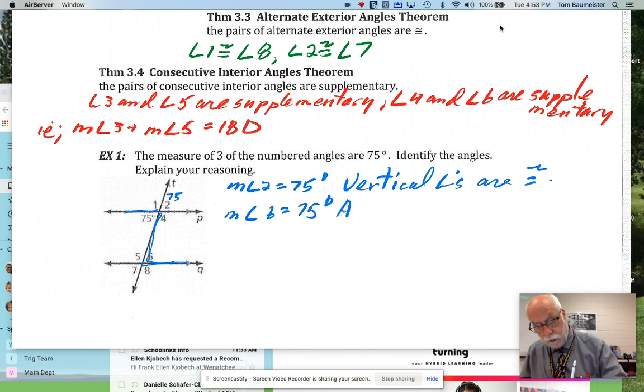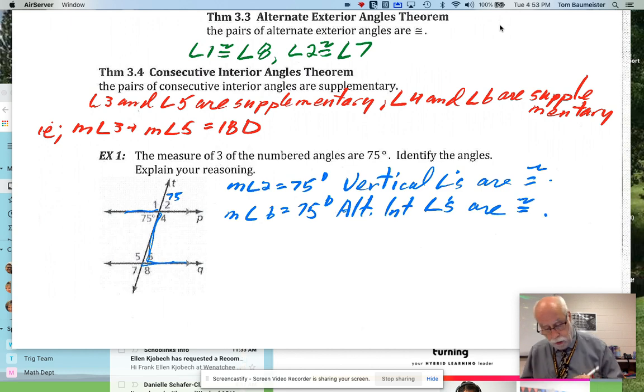So we can say alternate interior angles are congruent. Let's put a 75 there also. And then angle 6 and angle 7 are also vertical angles, so you could use that.